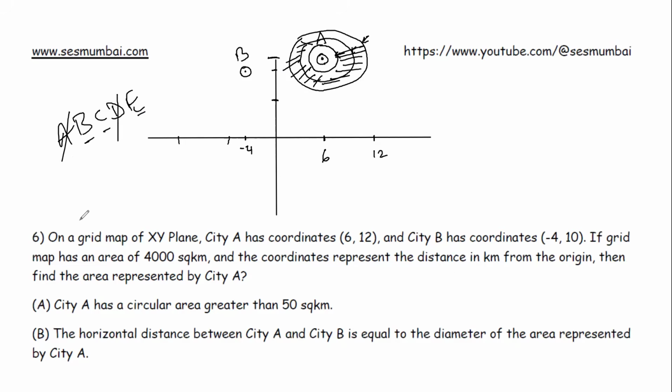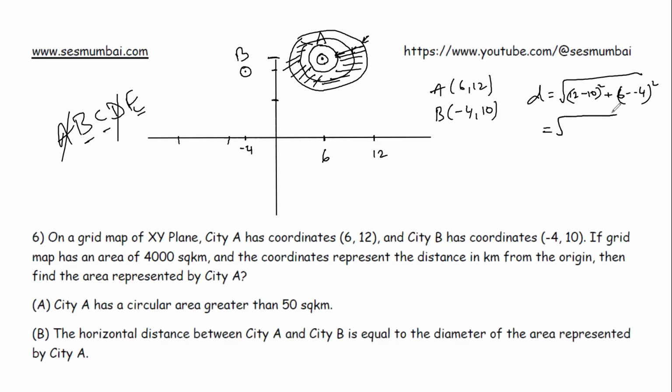The horizontal distance between city A and city B is equal to the diameter of the area represented by city A. A has the coordinates 6 and 12, B has the coordinates negative 4 and 10. If you find the distance between them, it is root of (x2 minus x1) whole square plus (y2 minus y1) whole square, so root of 2 square and 10 square, which is root of 104.